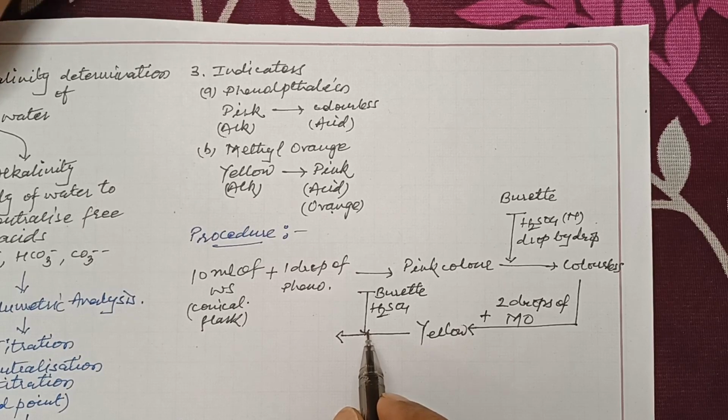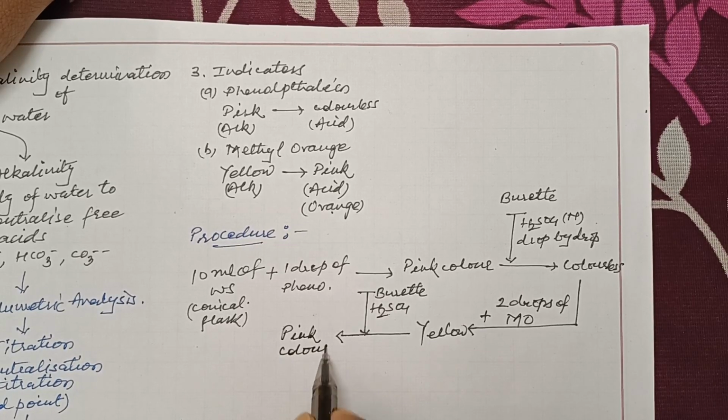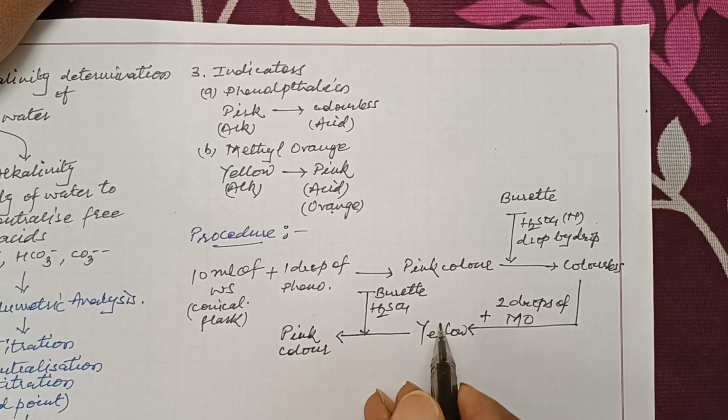Add a certain amount of the sulfuric acid solution to the yellow-colored conical flask in which 10 ml of the water sample has been taken. Titrate it, shake it, titrate it, and finally you get a pink color which gets mixed into the yellow color.